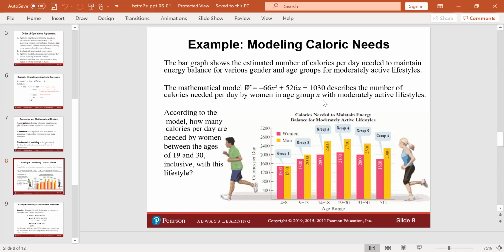So if you are in group 4 here, in the 19 to 30 range, and you are a woman, you would use this equation to describe roughly how many calories you need. So you could say W equals negative 66 times, you're in group 4. So it would look like that. Let's see if I can move this so it's a little easier to see.